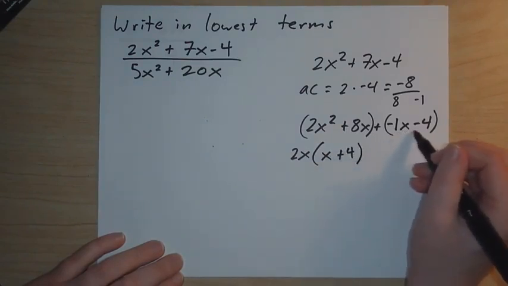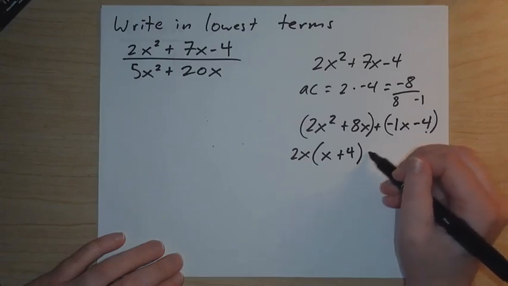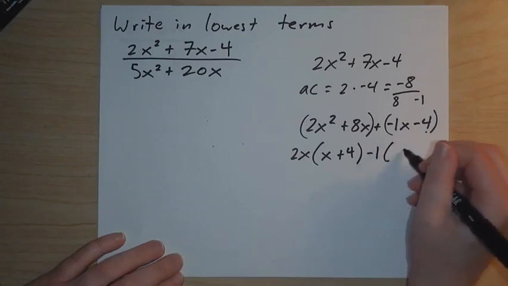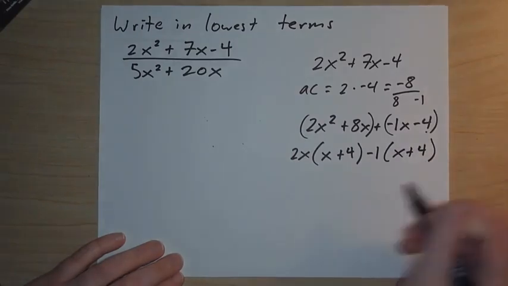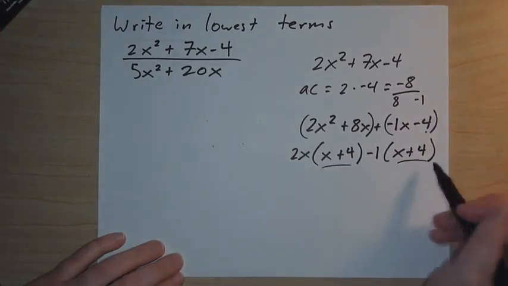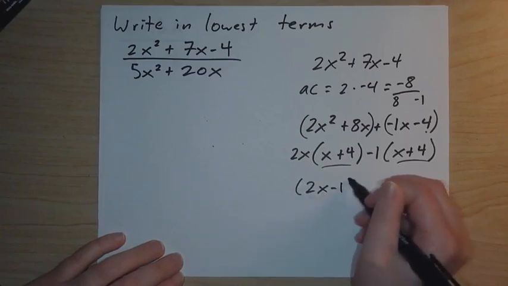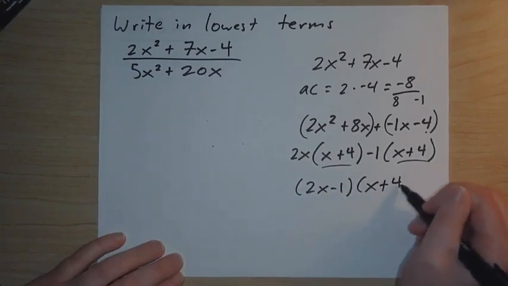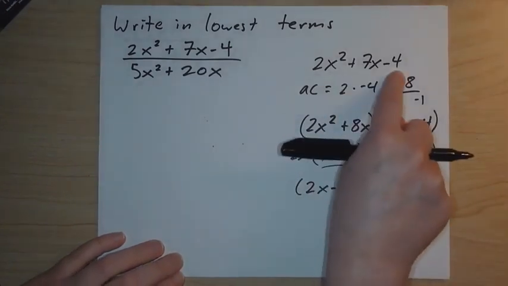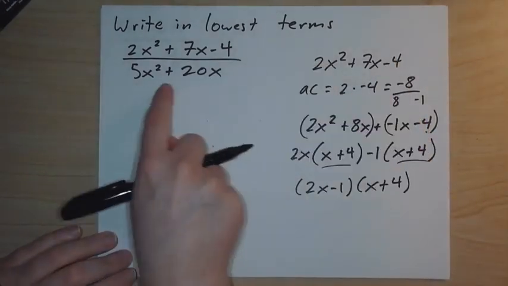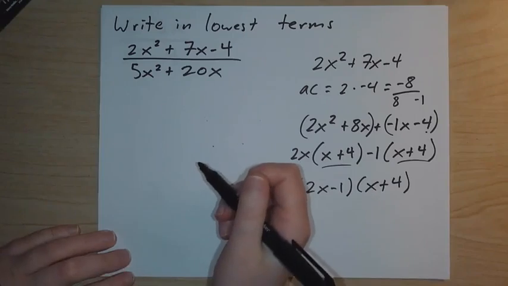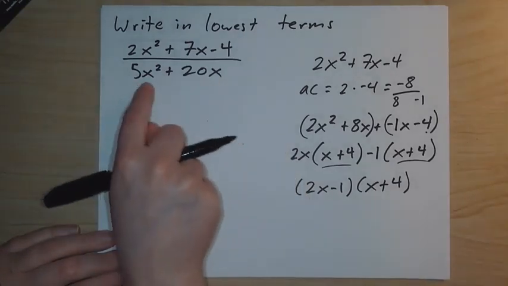And then here we can take out a negative 1, so negative 1 times x plus 4. We notice that x plus 4 and x plus 4 are the same here and there, so we can rewrite this as 2x minus 1 times x plus 4. So we've successfully factored the numerator. And in the denominator, we can actually take out a 5 and an x.